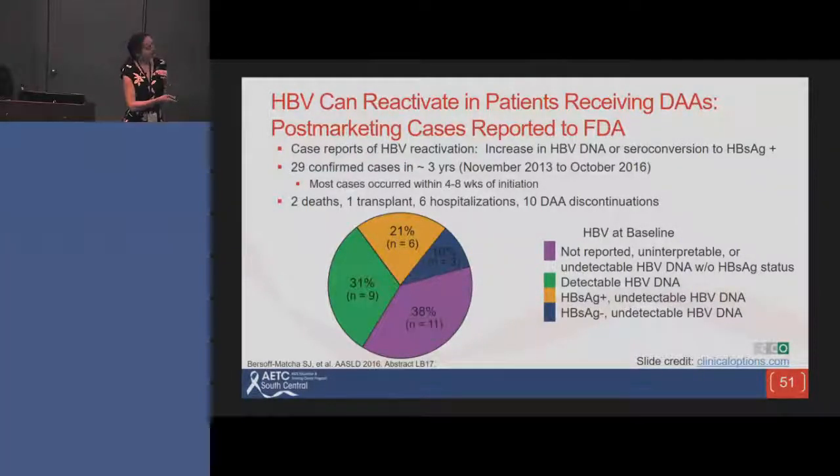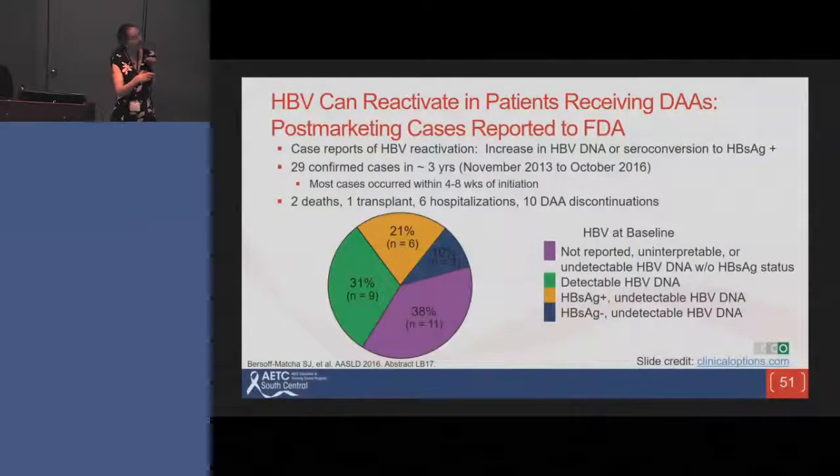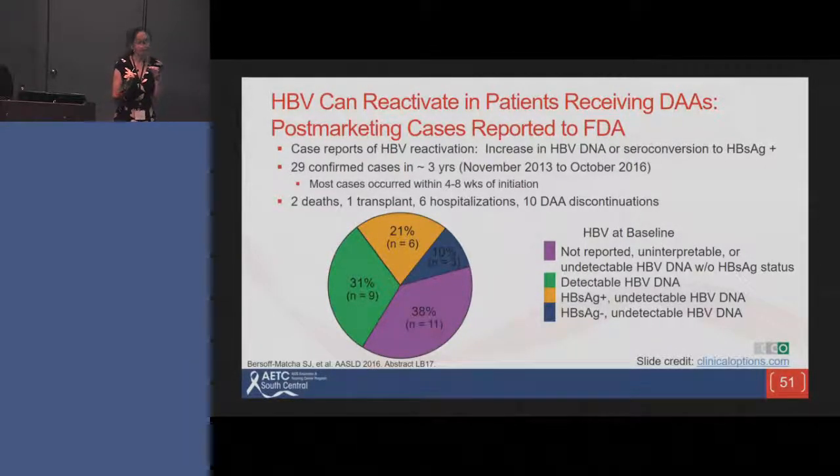But regardless, if you look at people before they started hepatitis C treatment, more than 1/3 had no reported hepatitis B DNA, and no reported hepatitis B surface antigen status.